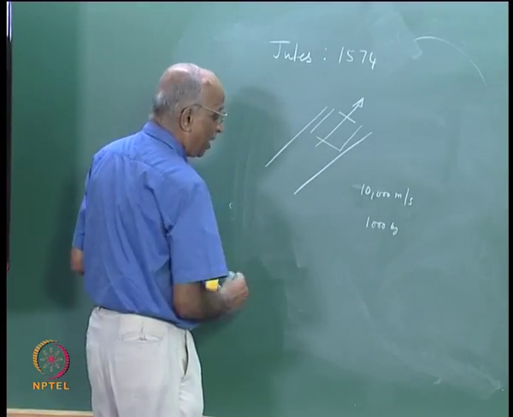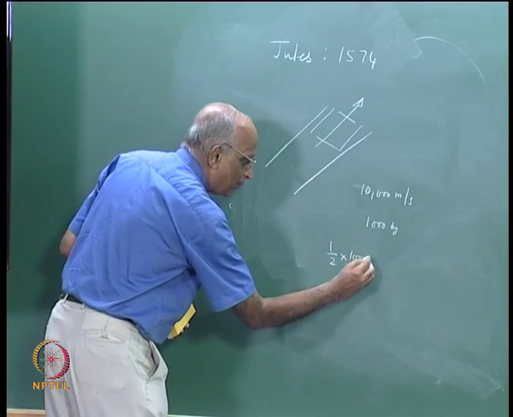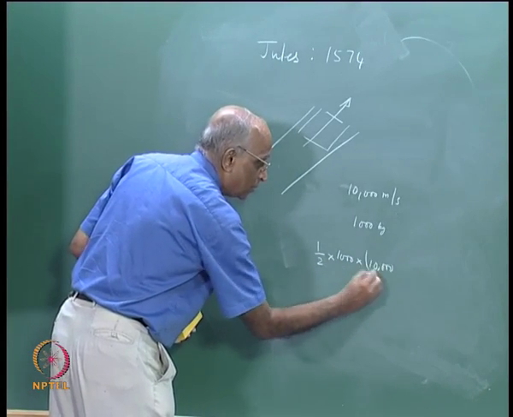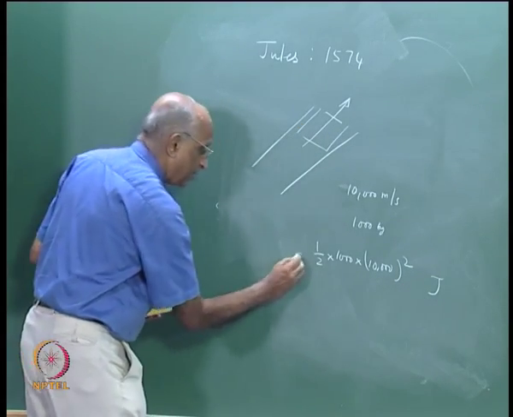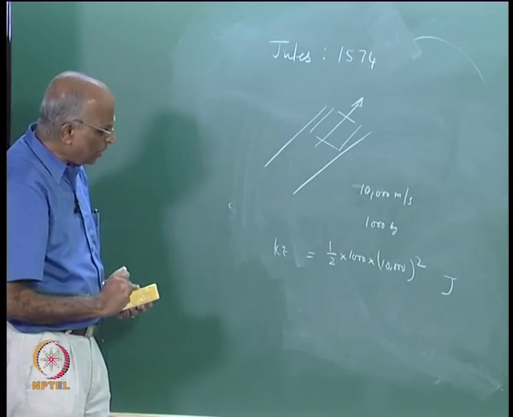Therefore, what is the energy I must have? I talk in energy into 1000 kg, kinetic energy, half into 1000 into 10,000 squared joules is the energy I have to give. And what is this value?